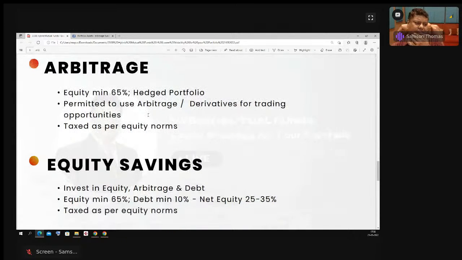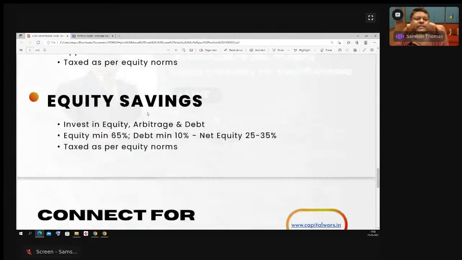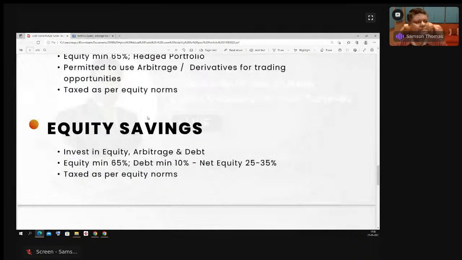Then finally, you have the equity savings fund. I like this fund because it invests in equity and debt, and plus it also uses arbitrage, right? So you have equity at 65% minimum, and debt at a minimum of 10%, but you have a net equity position of 25-30%, because of the arbitrage or derivative hedged positions.